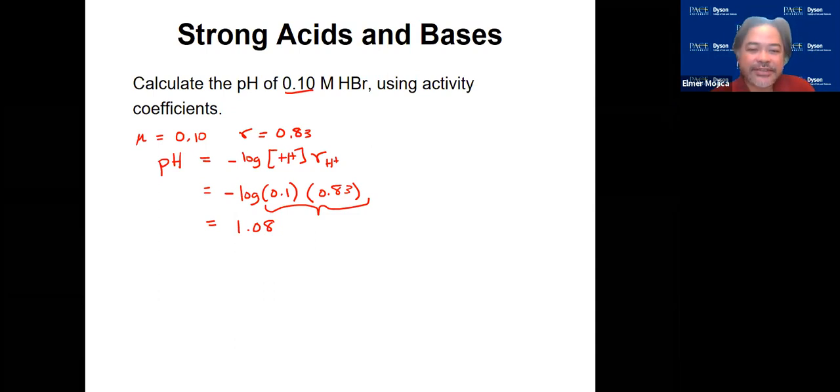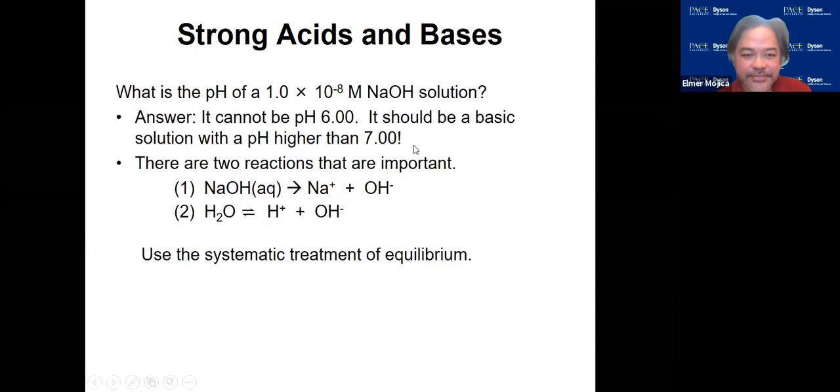Now, how about this? What is the pH of a 1.0 times 10 to the negative 8 molar NaOH? So what's the problem that we have with this?